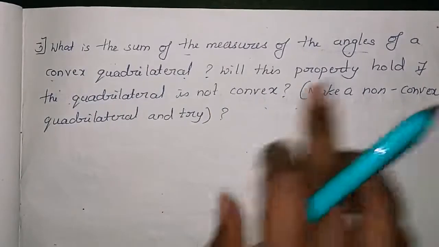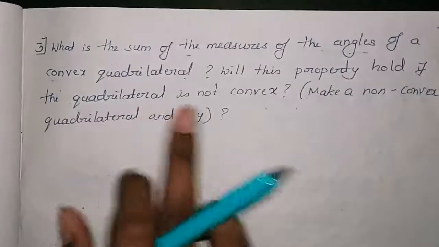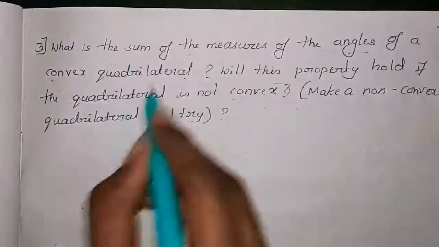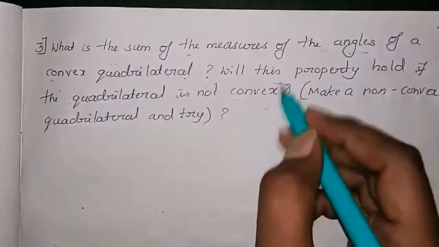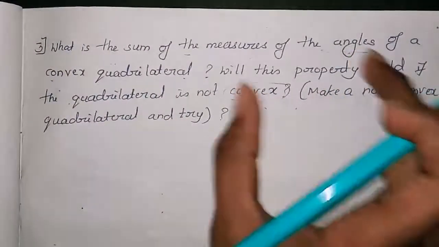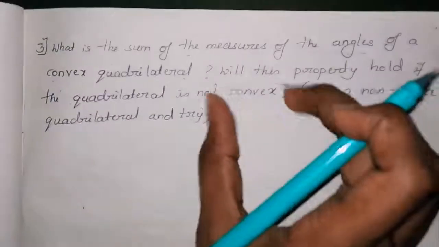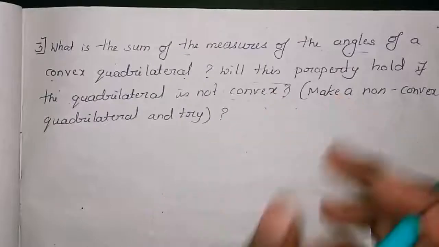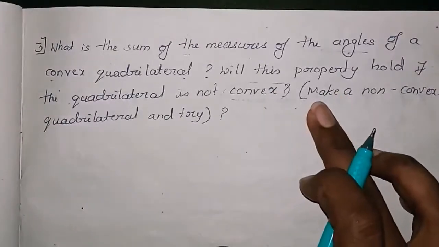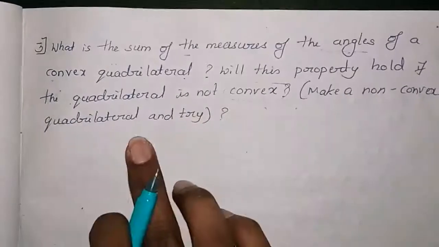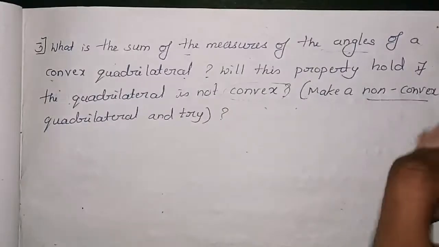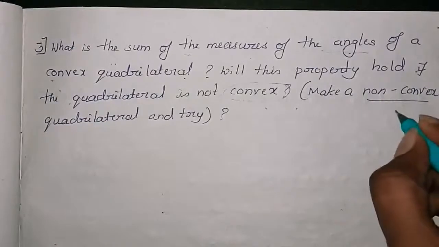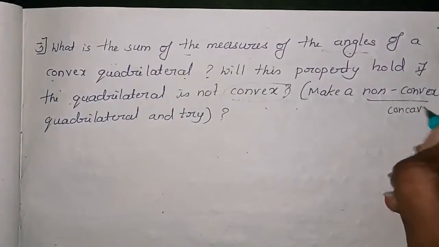So if the quadrilateral is not convex, meaning the given quadrilateral is concave, will this property hold? Is the sum of the angles we get for the convex quadrilateral the same for the concave? We have to check that. In brackets they have given a hint: make a non-convex quadrilateral. It is the opposite of convex, or we can say a concave quadrilateral.